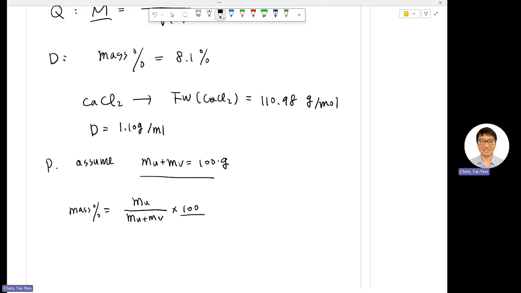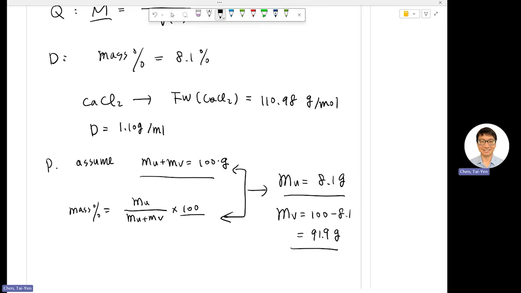From this relationship, you can easily compute that the mass of your solute will equal 8.1 gram. The mass of your solvent is equal to 100 minus 8.1, which is 91.9 gram. Once you make the proper assumption, you can get this information out immediately.